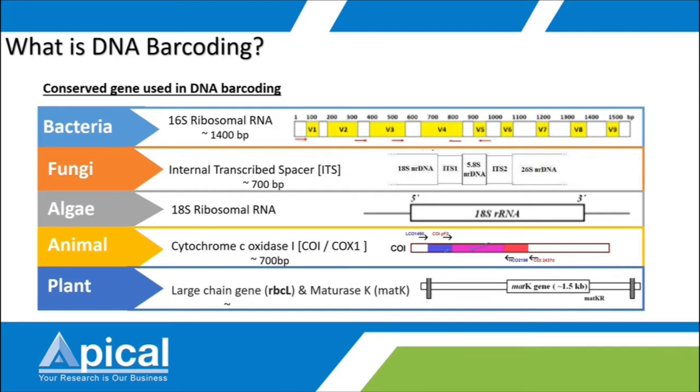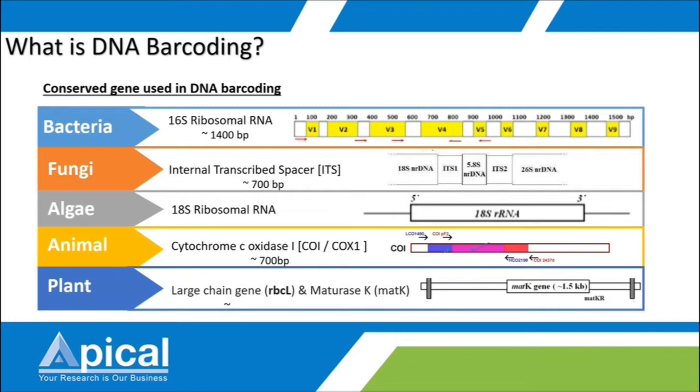Okay, so all these conserved genes are present in the genomic DNA and are easily amplified by using genomic DNA as the template. So that's why in DNA barcoding, gDNA extraction is important.